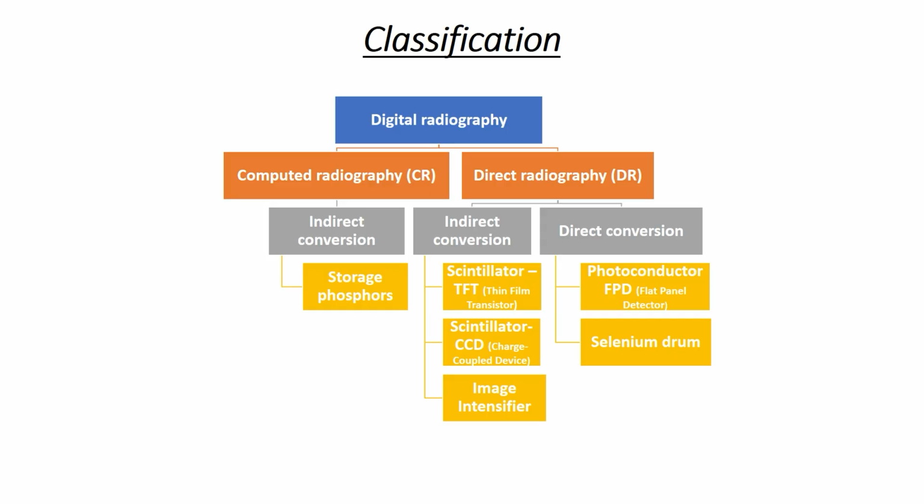Under indirect conversion, it contains a scintillator with thin film transistor, a scintillator with charge coupled devices, and an image intensifier. While the direct converter has only a photoconductor plate, which includes flat panel detectors and a selenium drum.